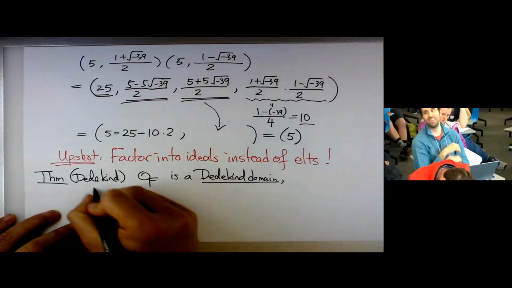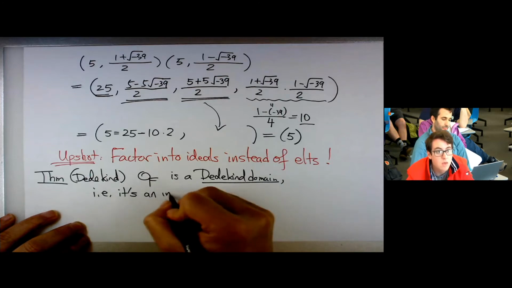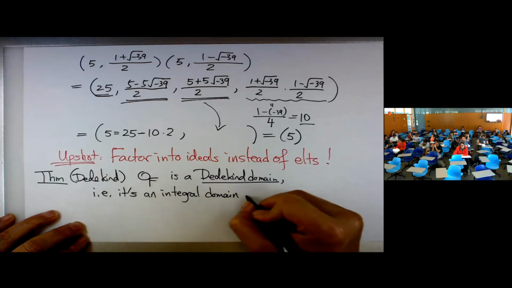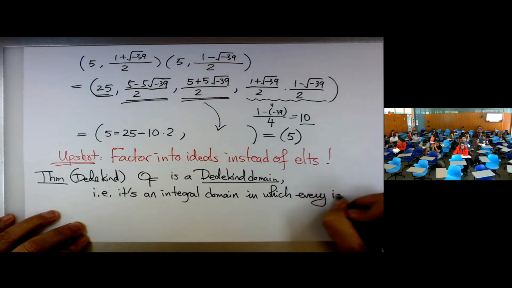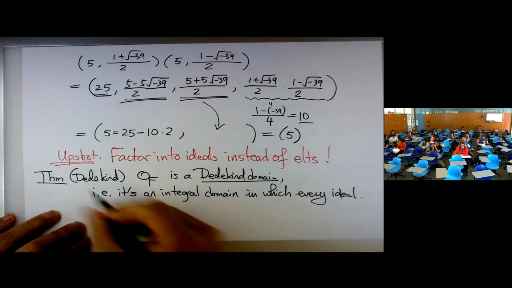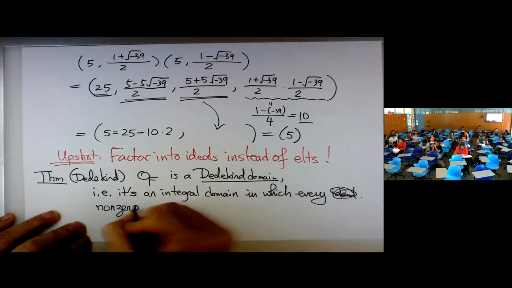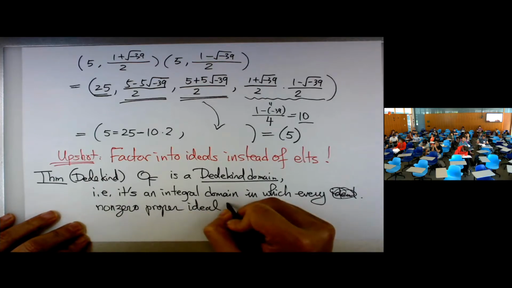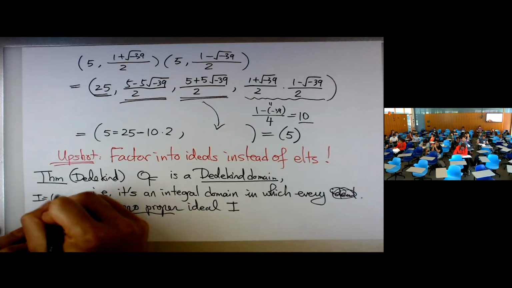What it means is that it's an integral domain in which every non-zero proper ideal I can be factored, well, uniquely, as the product of prime ideals. So what these two mean is that basically you don't want I equals 0 or I equals everything.